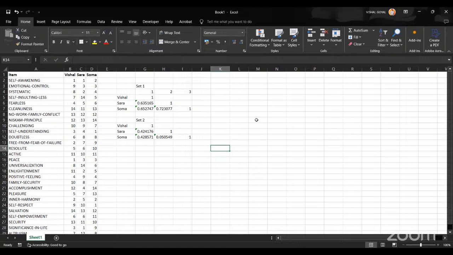Two sets of values in our life. One is the path, another one is the goal. Goal means that will be your future. But path means what is happening now. Okay. Now you interpret the data. How do you interpret this data?